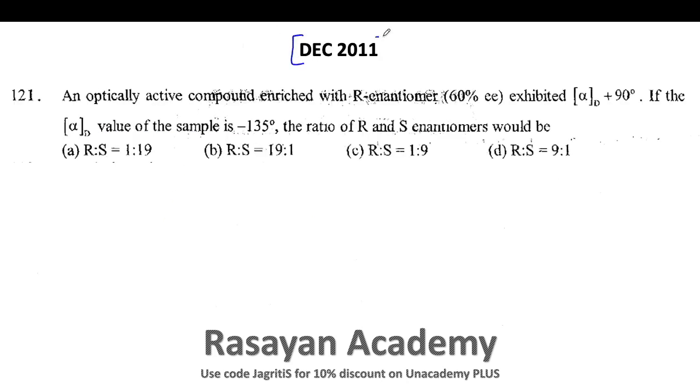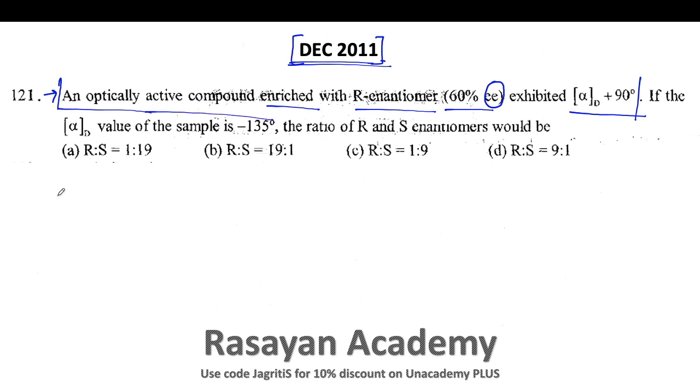Now they are not so direct because here the unitary method and concept has been used. So first question I have taken from December 2011. An optically active compound enriched with the R enantiomer, 60% enantiomeric excess, exhibited the specific rotation of 90 degrees. Now first understand this first sentence.